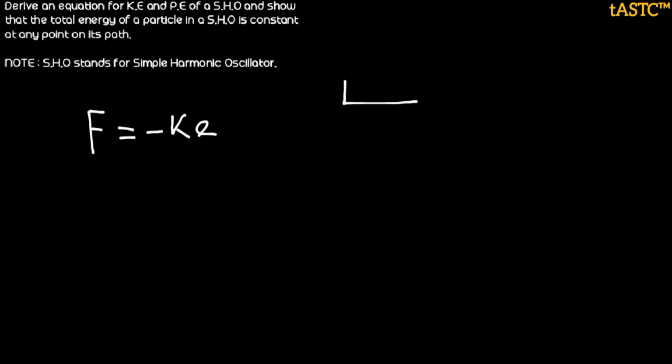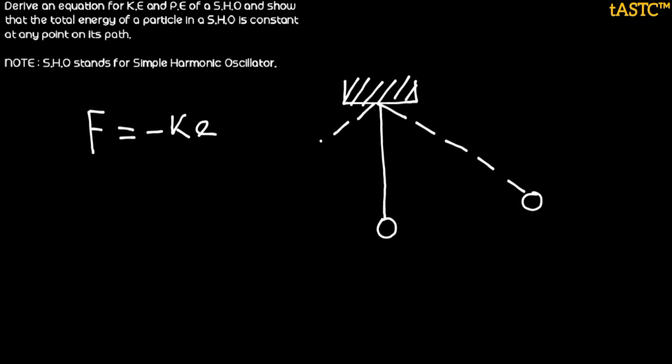So let us say that you have this type of system, which is a simple harmonic oscillator. You could have the oscillation of this ball in this direction, and also in this direction.